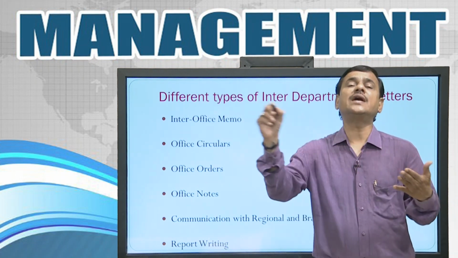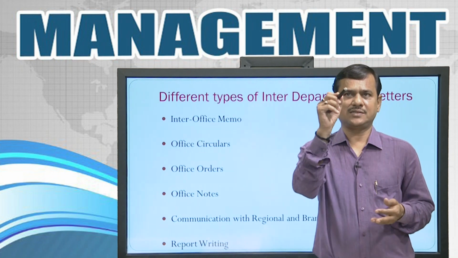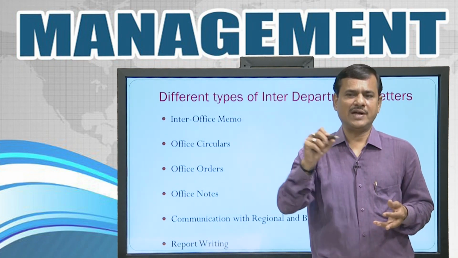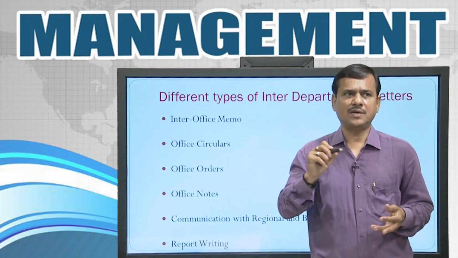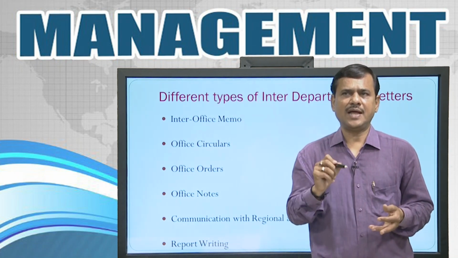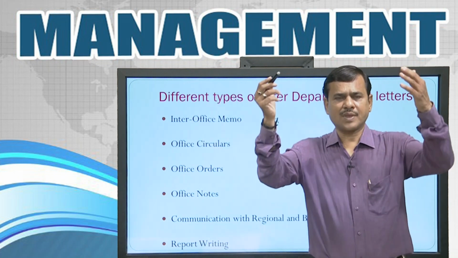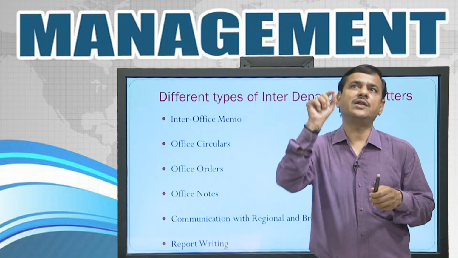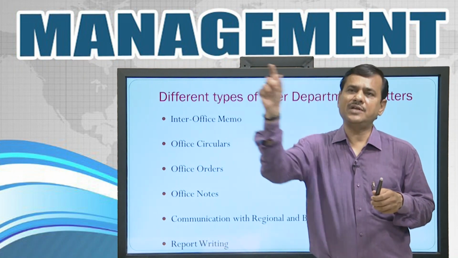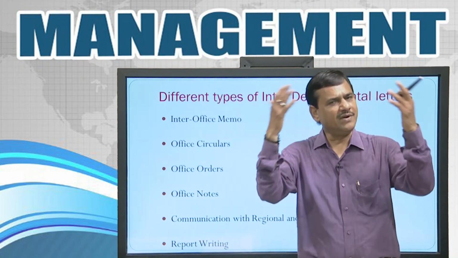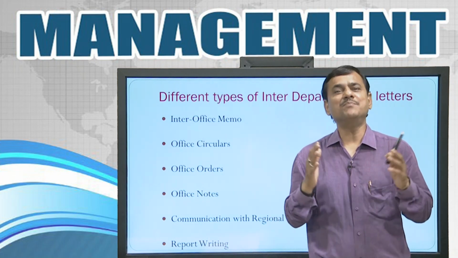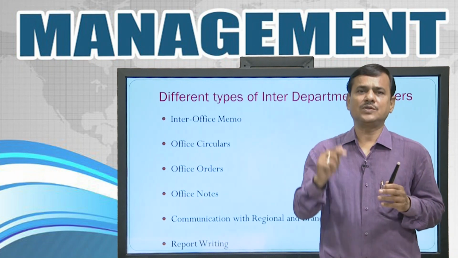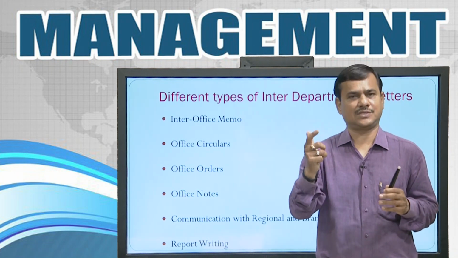You jot down the points that yes, this happened, 20 employees remained present, 30 participated, 10 did in this way. These were the points which were discussed in the meeting. The conclusion made in this conference was like this. So, whatever things you feel are important, you are going to jot down somewhere. So, they are known as office notes.